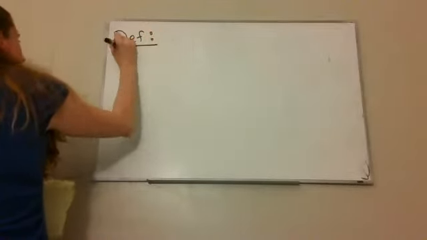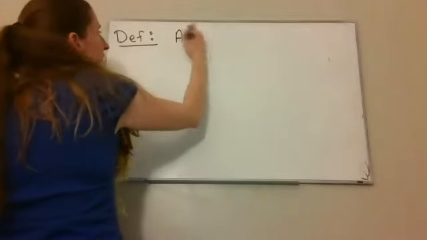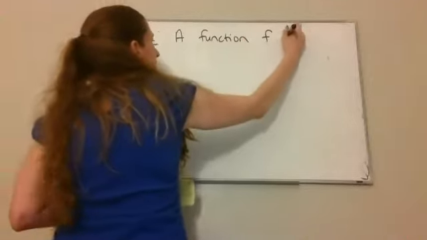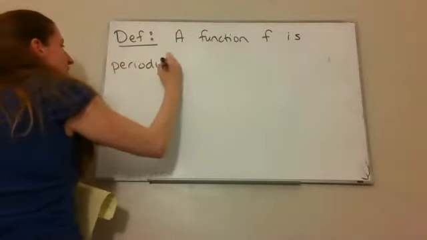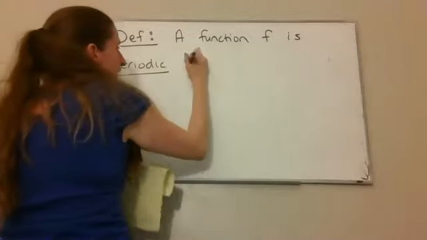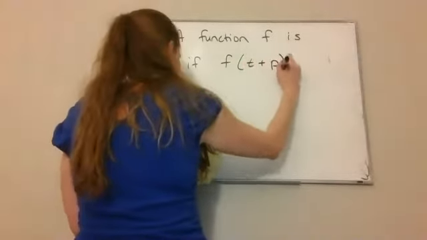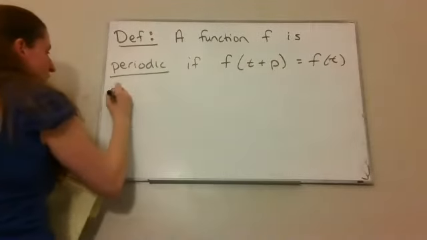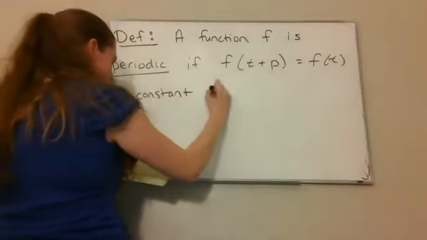Now let's have a definition that's very important when working with trig functions. A function f is called periodic if f of t plus p equals f of t for some constant p.